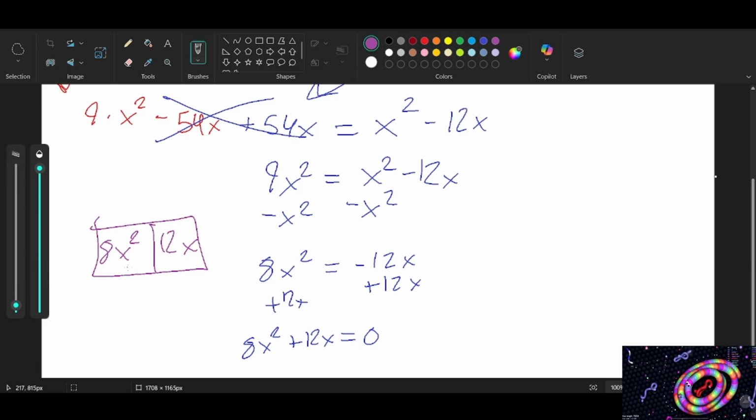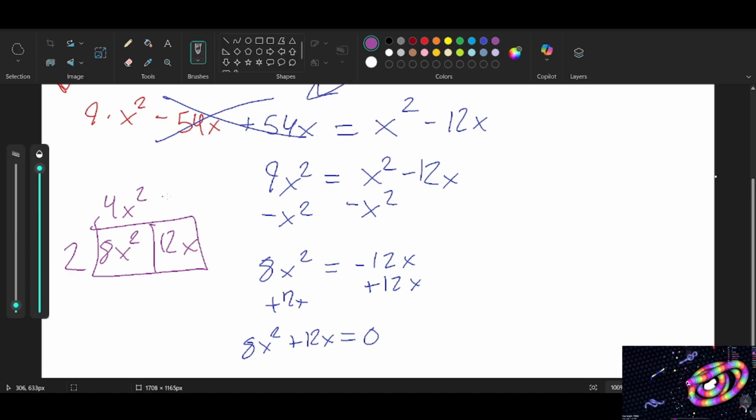I know that I want to pull out as much as I can. I could say 2 times 4x squared plus 6x, and that is true, but that doesn't really help me find zeros, because that doesn't factor it by that much.